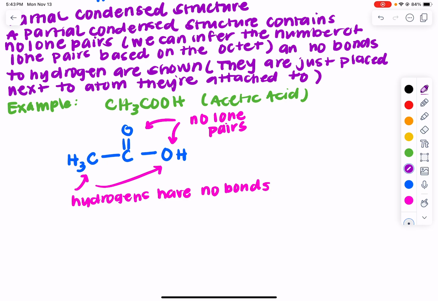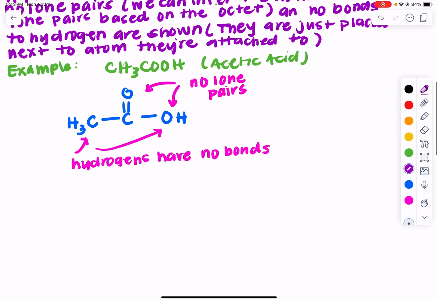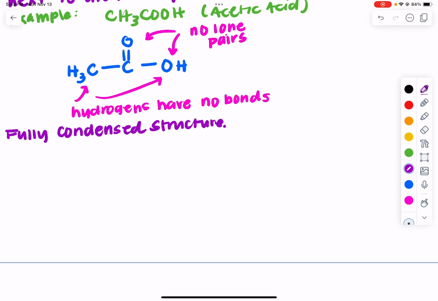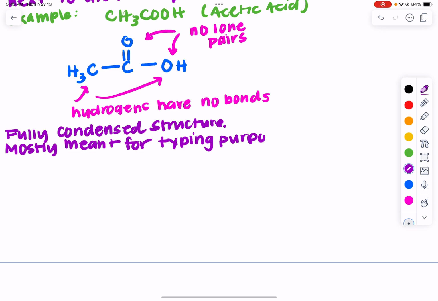And the last thing that we want to talk about is this idea of a fully condensed structure. And these are, again, mostly meant for typing purposes. A lot of the times when organic chemists are using these, it's really impossible to actually draw these out on the computer.